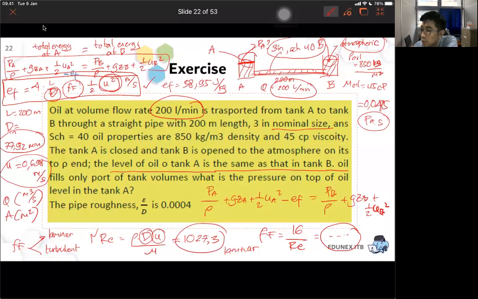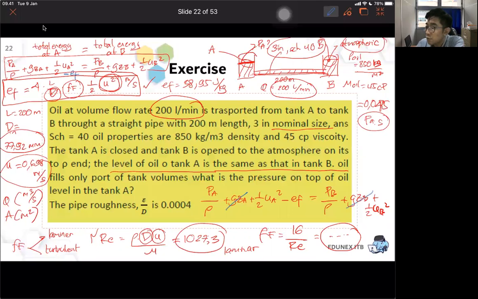which parameters can you simplify in the Bernoulli equation? The height, sir? Okay, because they're the same height. Yes, ZA should be the same as ZB, so the height can be cancelled out.